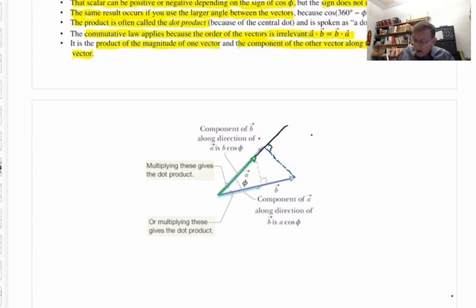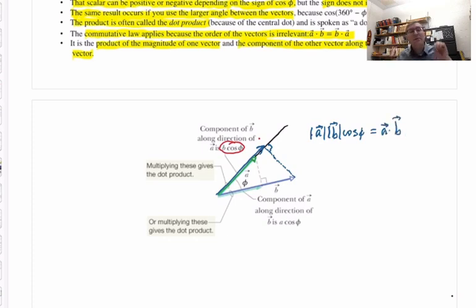The component of B along the direction of A is that component right there, which is just B cosine phi from the picture. So if we take the magnitude of A and multiply it by the projection of B along A, the component of B along the direction of A, that means multiplying by magnitude B cosine phi, but that's exactly what we defined as A dot B.